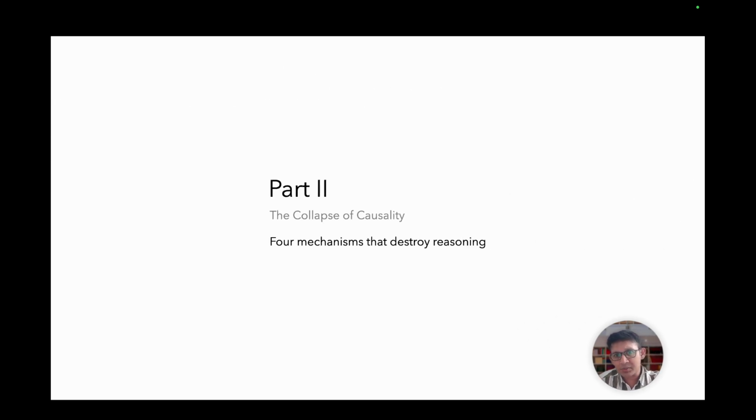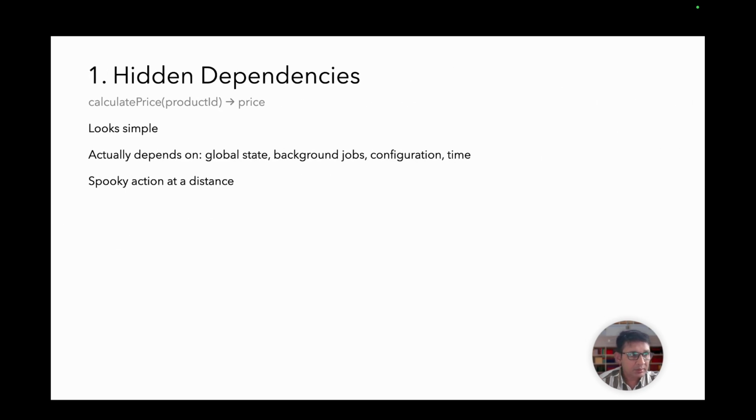Now, there are four mechanisms that destroy causality. The first is hidden dependencies. Assume there's a function called calculate price that takes a product ID and returns a price. Seems simple from a causality perspective, but it also reads a global discount registry. That registry is modified by a background job.